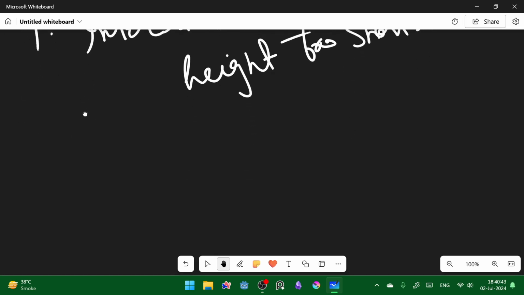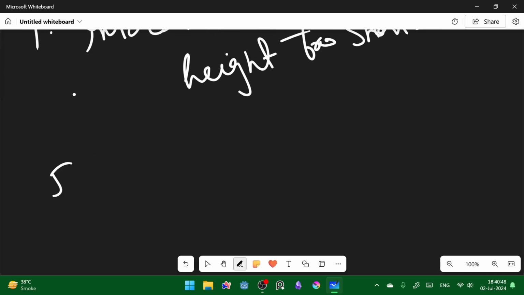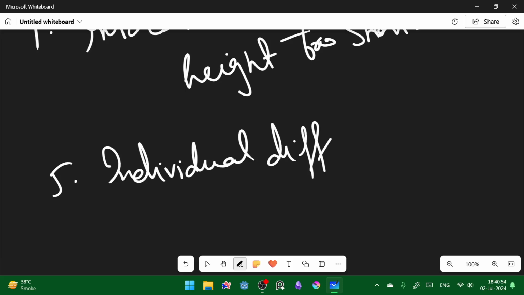The last one is that individual differences play an important role in the process of development. Individual differences refer to the differences which distinguish one individual from another on the basis of physical or psychological characteristics.